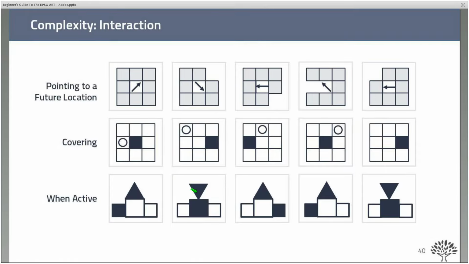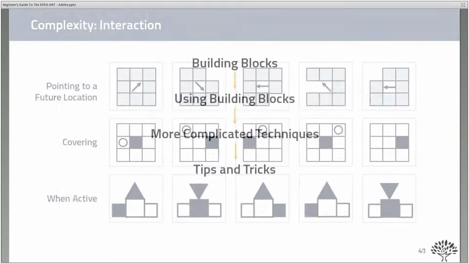This triggers this condition here of this triangle flipping upside down. So again, it's something to be aware of. It's often in the form of when an arrow points at something, then something will happen. These are examples of complex rules, and we can't go into too much detail because there's all sorts of ways of them manifesting themselves, but being aware of what can happen is very important.